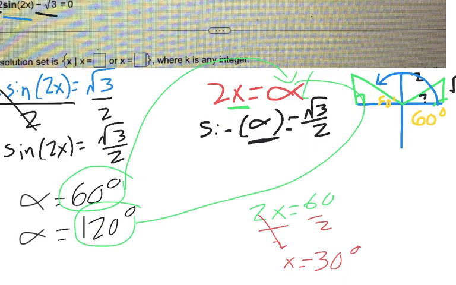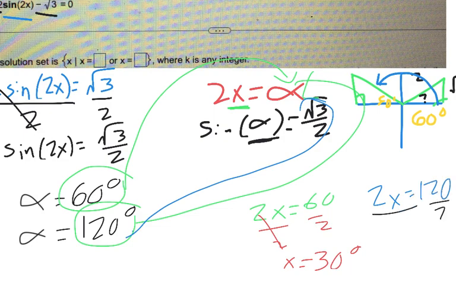Here, if I plug in 120 for alpha, that's going to give me 2x equals 120, divide by 2. That tells me the x could be 60. So I have two possible solutions.